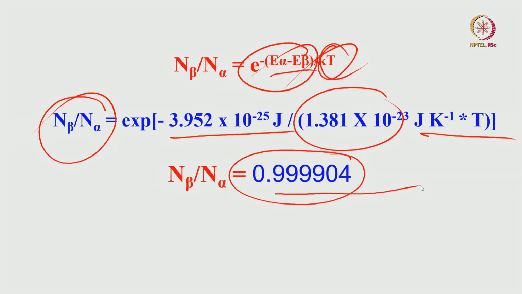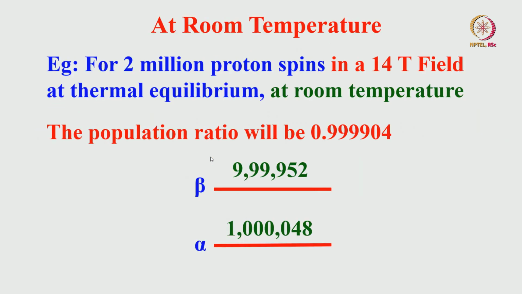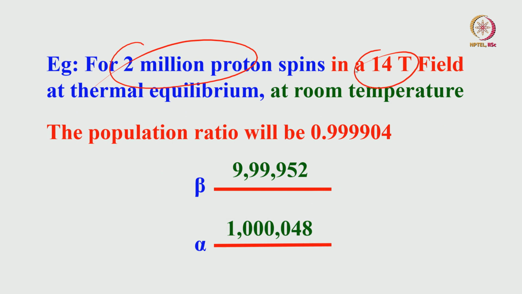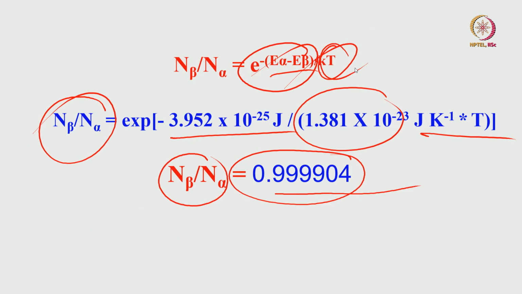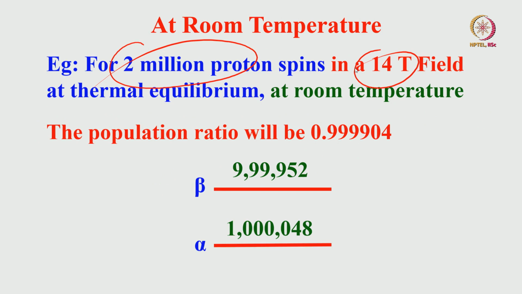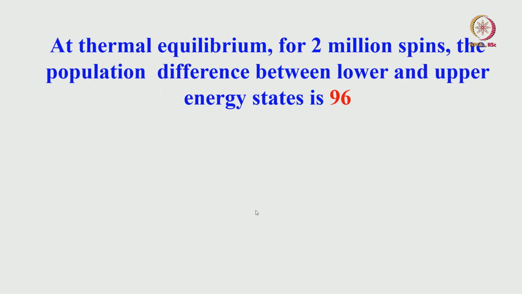It means the population ratio between the two states is nearly equal. There is not much difference in spin populations, and I could even calculate it by plugging in the values. For example, for 2 million nuclear spins at 14 Tesla, I calculate the population difference, and it turns out to be this value. In the beta state we have this many spins, in the alpha state this many spins. What is the difference? The difference is only 96.